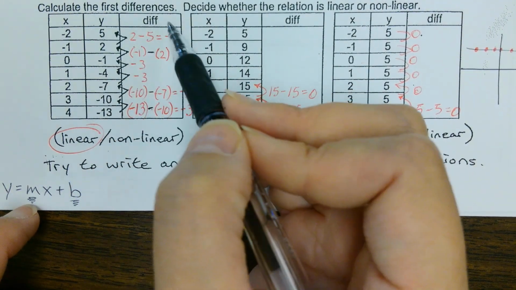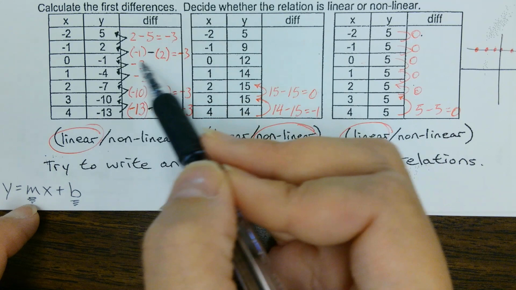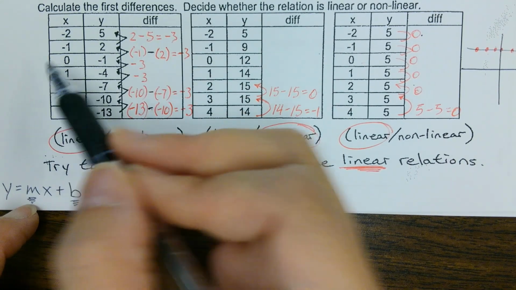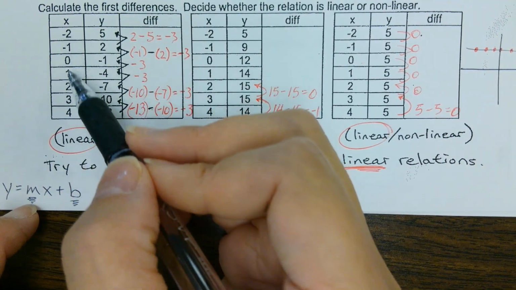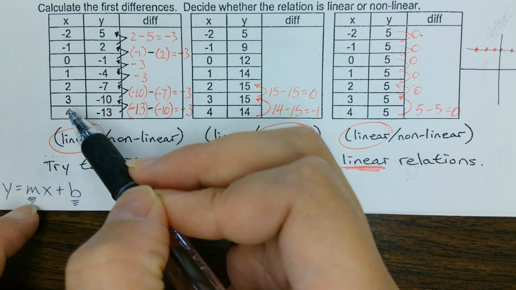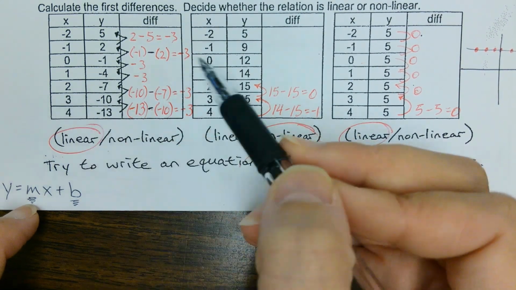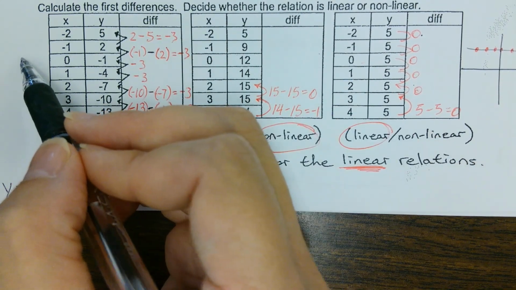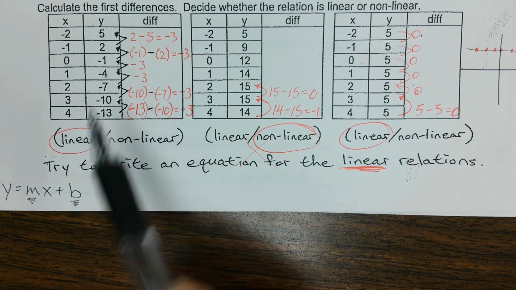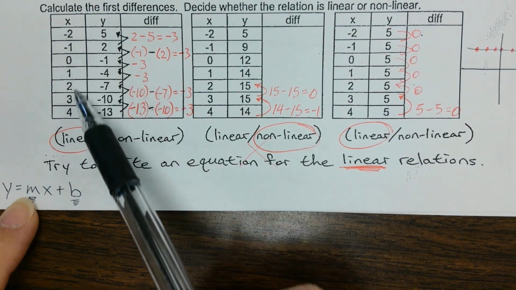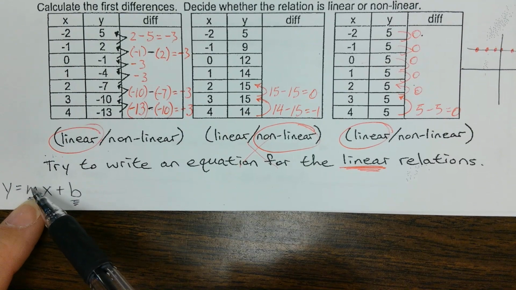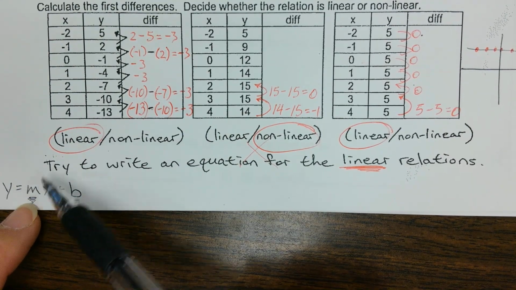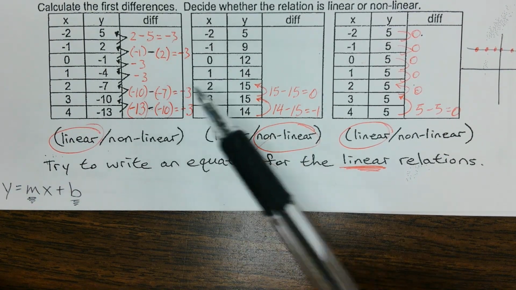So your difference in the y divided by your difference in your x. What's my difference in the x right here? 1, right? So -3 divided by 1 is just -3. So that's why I was saying when your x goes up by 1, your m, your slope, your rate of change is just your first difference.